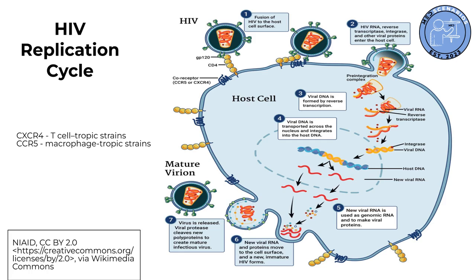From there, host machinery is used to produce new viral RNA particles and transcription of new proteins as well. Here, new virions are formed with cytoplasmic evasion, resulting in budding from the CD4 plus cells that eventually breaks off and destroys the cell in the process. On a daily basis, a billion virion particles are formed, and these mature virion particles go and infect other cells.